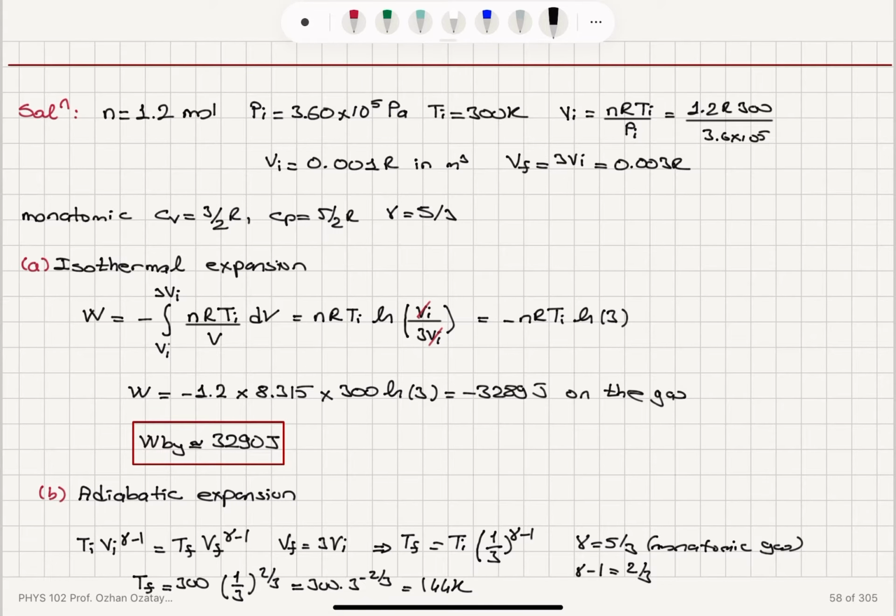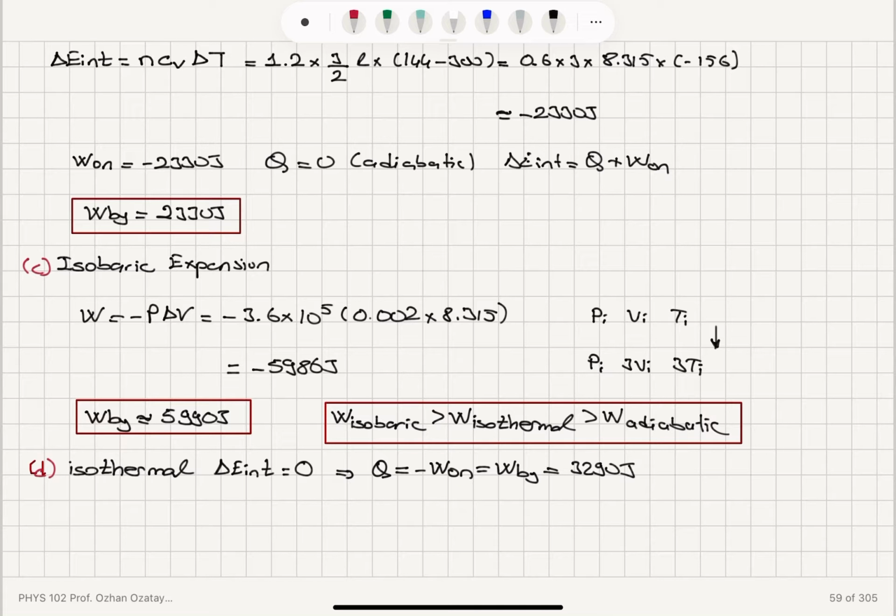That's what we calculated in part A. So Q, heat added, is equal to the work done by the gas.